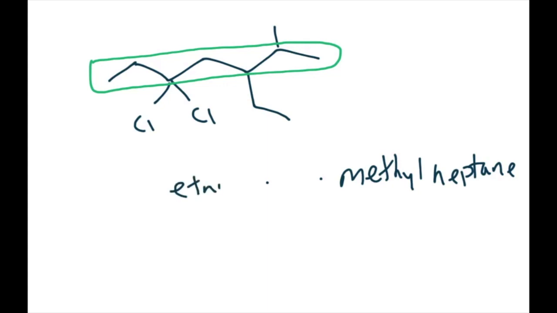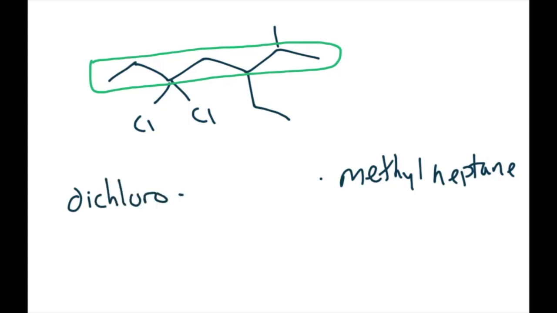Yep. Methyl, oops, ugly H. Methyl, ethyl. And just like if I had two methyl groups, it would be dimethyl, having two halogens, this is going to be dichloro.